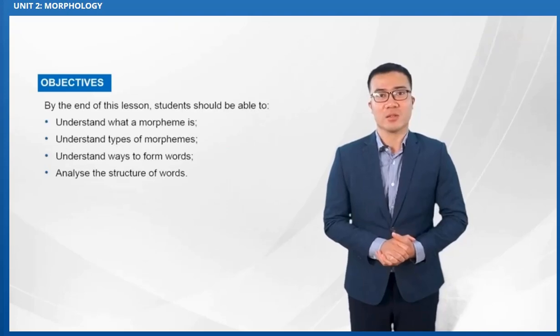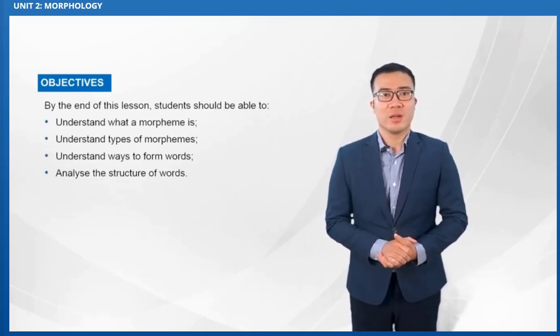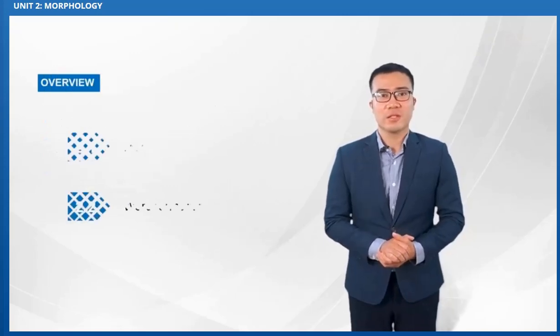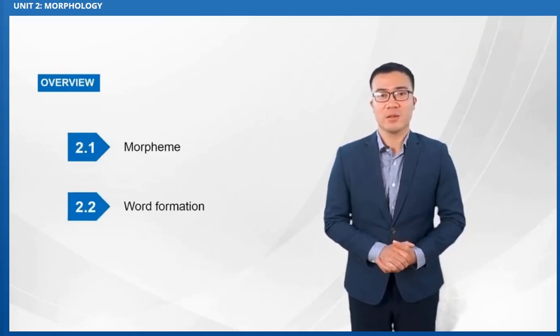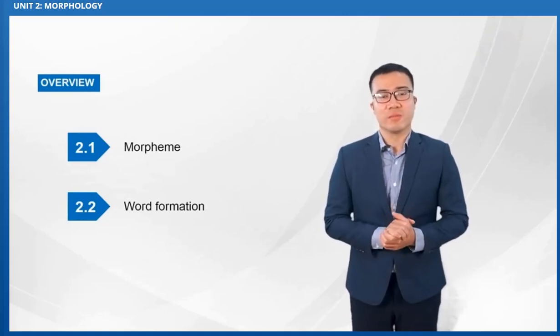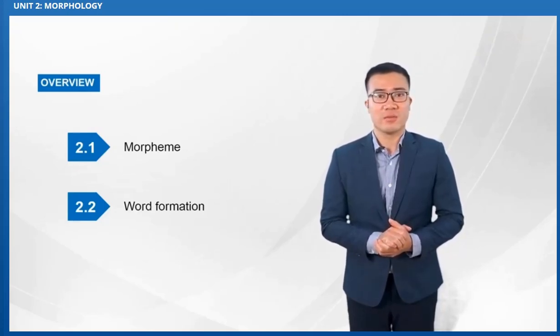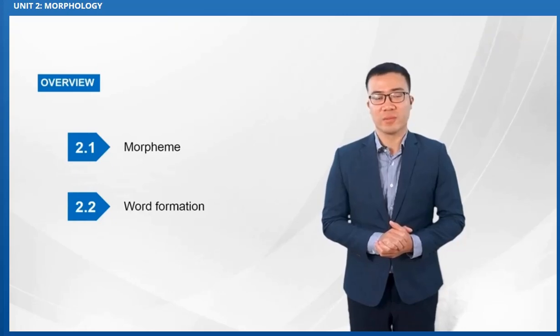By the end of this lesson, you should be able to understand what a morpheme is, understand types of morphemes, understand ways to form words, and analyze the structure of words. This lesson consists of two parts, morpheme and word formation, hình vị và cấu tạo từ. With respect to morphemes, we'll be talking about free and bound morphemes, lexical and functional morphemes, and derivational and inflectional morphemes.